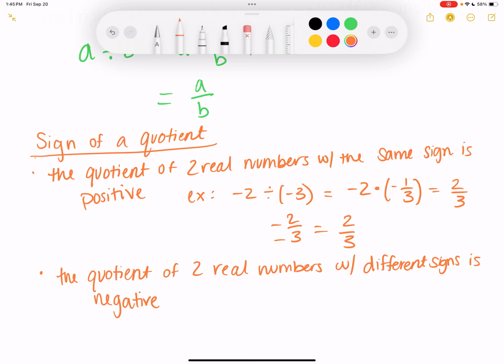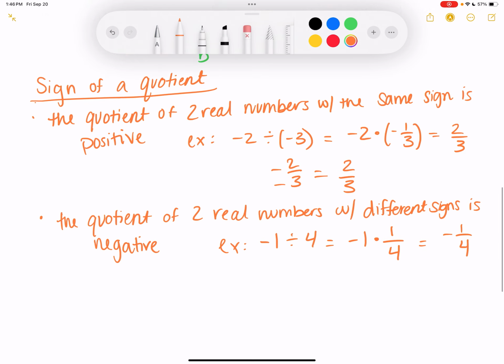So if I had -1 divided by 4, like that, then this would be -1 times the multiplicative inverse 1 over 4, which would end up being negative 1 over 4. It would be negative because one's negative and one's positive. I don't mind if you go straight from here to here, okay? You don't have to write that middle step. I'm just doing it so you see it with the multiplicative inverse right now.